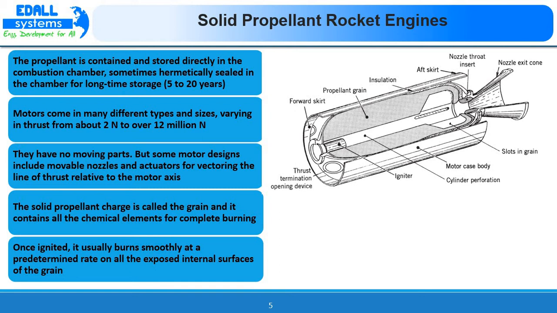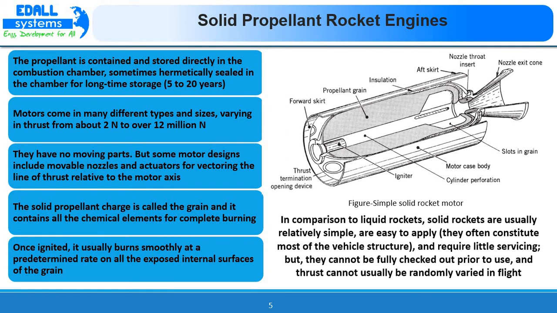Once it is ignited, it usually burns smoothly at a predetermined rate on all exposed internal surfaces of the grain. So the igniter is placed, we just have to ignite the solid propellant grain and the internal surfaces of the grain will start burning at a predetermined rate which has been calculated, and then the exhaust gases will move towards the nozzle, where they will be expanded and thus the thrust will be generated.